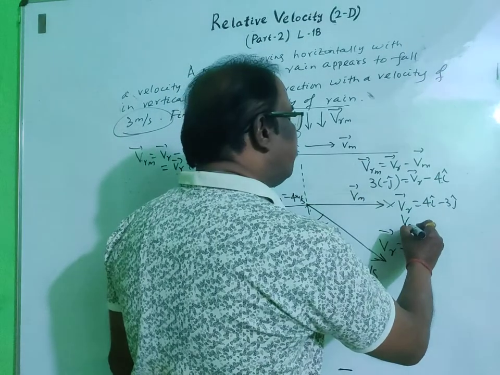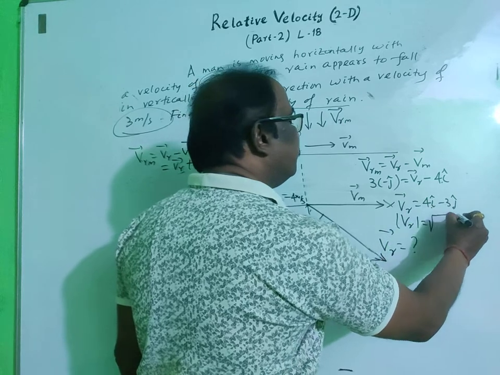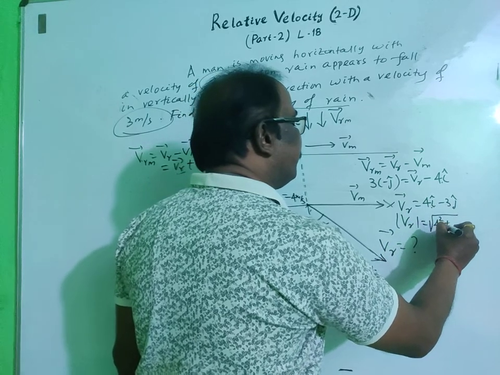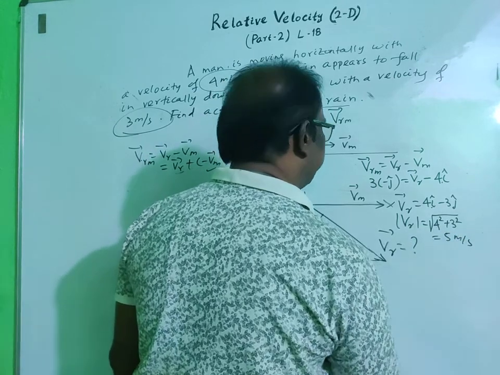Then magnitude of Vr, see, angle between i cap and j cap is 90 degree. Then obviously magnitude is square root of 4 square plus 3 square, which is equal to 5 meter per second.